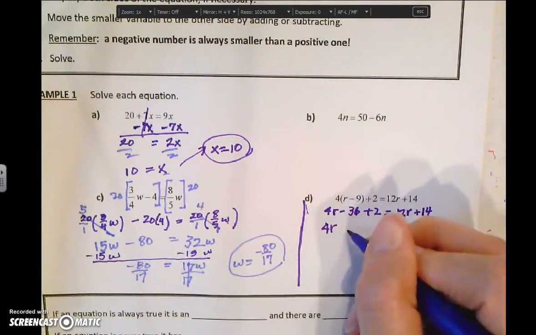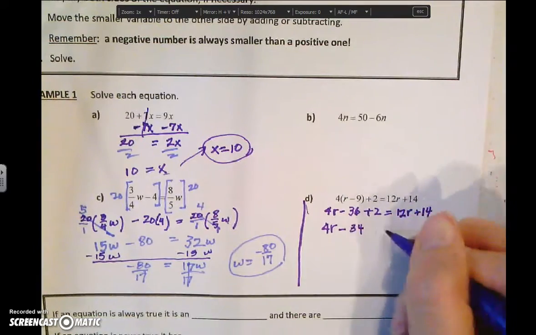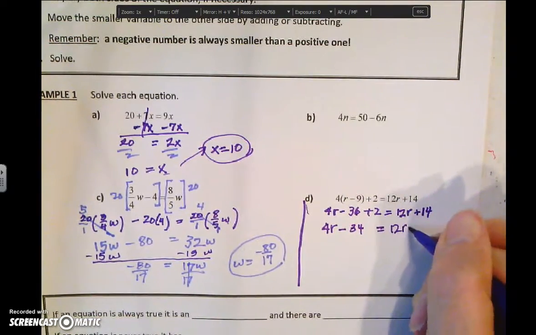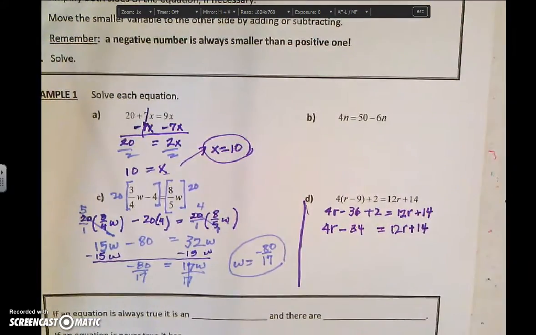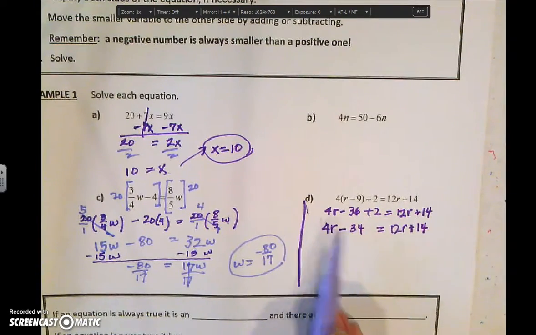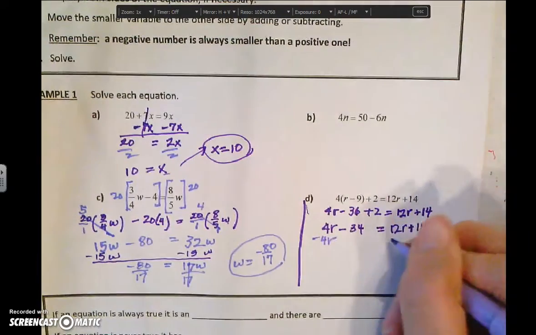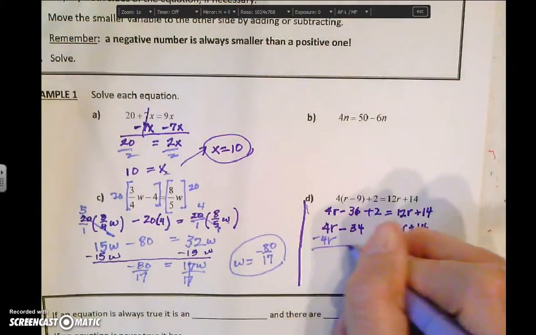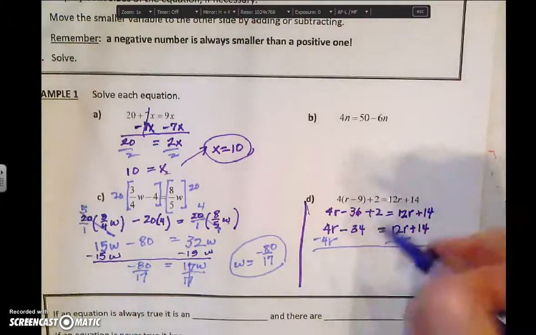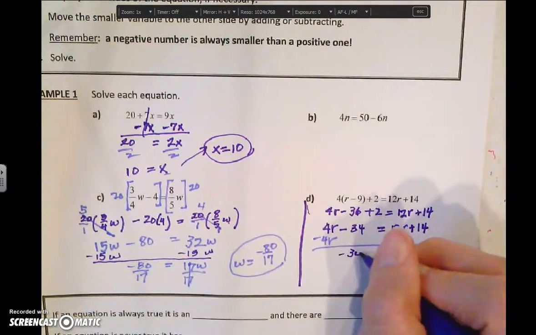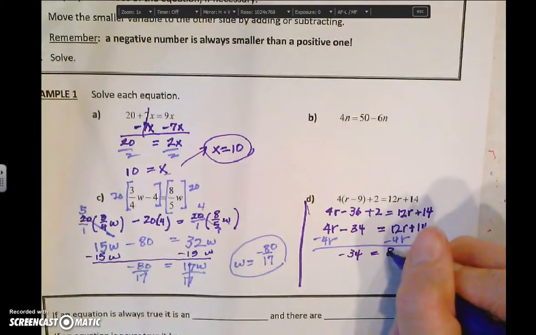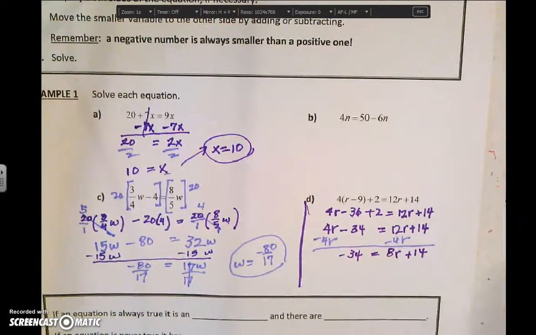So I get 4r minus 34 is equal to 12r plus 14. I want to move my smaller r, so here's my 2 r's. So I'm going to subtract 4r from both sides. And that will leave me with negative 34 is equal to 8r plus 14.